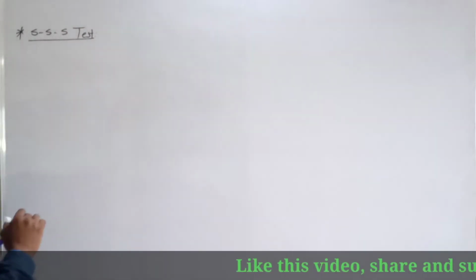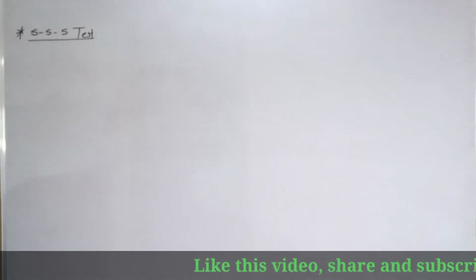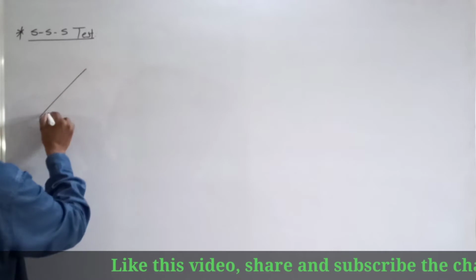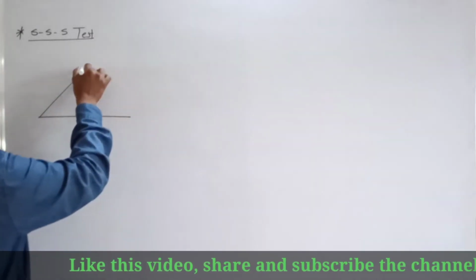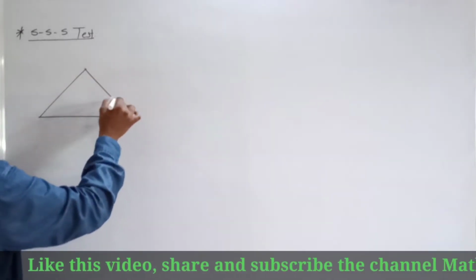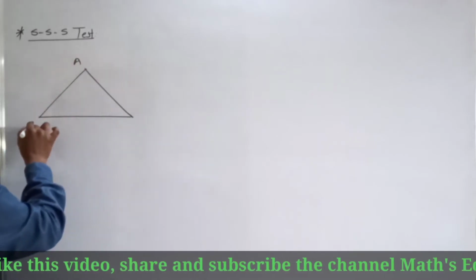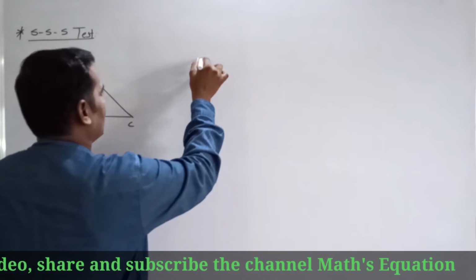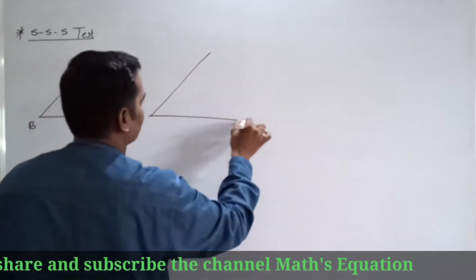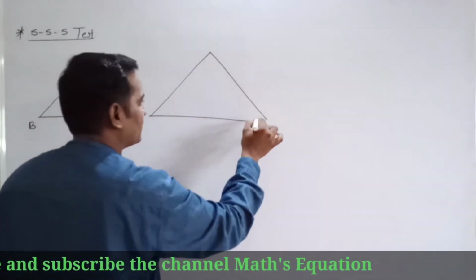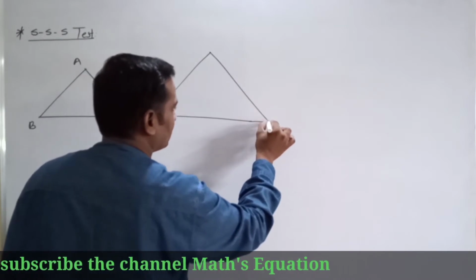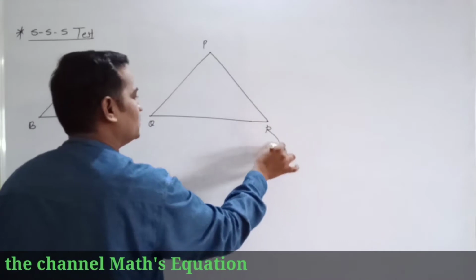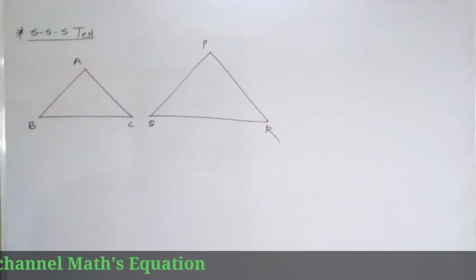Now in this side test, suppose we want to show that two triangles are similar. Suppose this is the first triangle, triangle ABC, and another triangle, triangle PQR, and we want to show these two triangles similar.